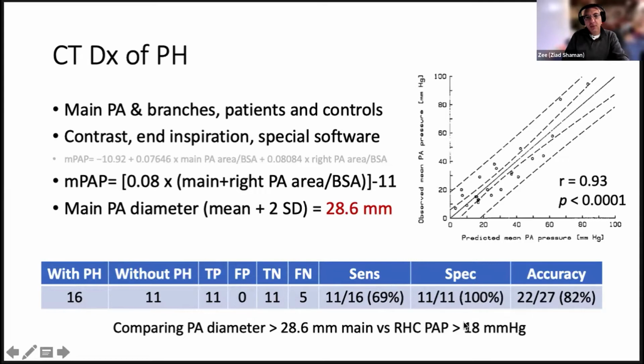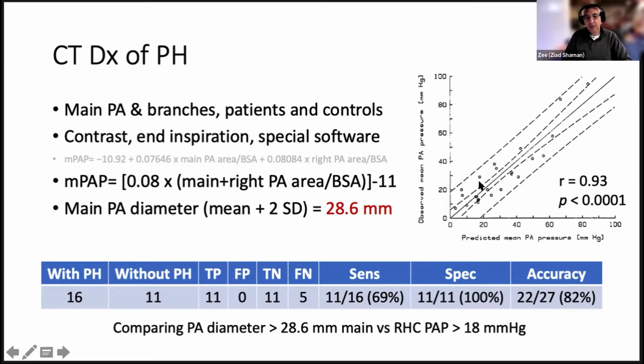Also, if you have the right software, and this was a contrasted CT at end inspiration with special software, and you can measure the pulmonary artery area, then you can use this equation, which I simplified from the original equation, shown here in faint because it has way too many digits, to predict the pulmonary artery pressure in such a patient with a really good R value.